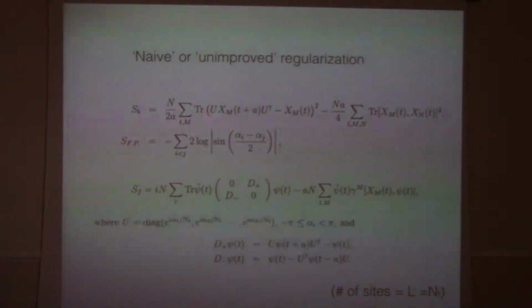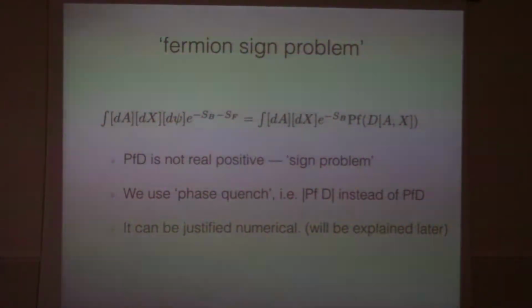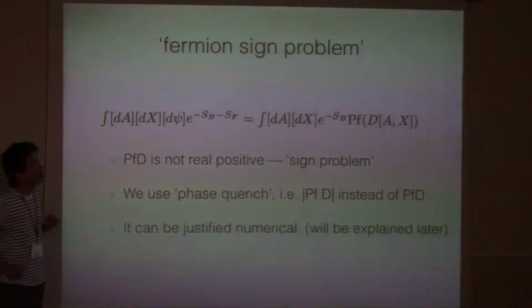After integrating out the fermions, we have a Pfaffian of D. Here we get a Pfaffian because the fermion is real. The fermion in this system comes from the 10-dimensional Majorana-Weyl fermion, and that gives a reality condition to the fermion. So instead of a determinant, we get a Pfaffian, which is something like the square root of the determinant. The Pfaffian is not real positive in general, and this is the sign problem.